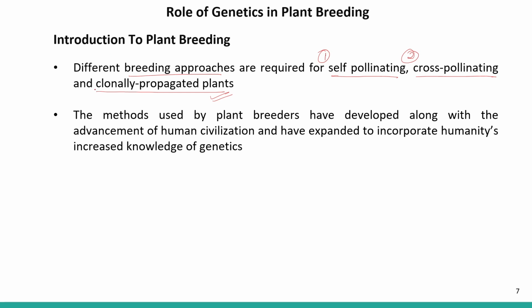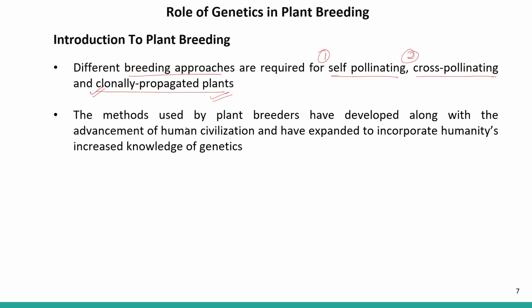And clonally propagated plants are totally tissue-culture based, right? So here we are adapting different approaches for the breeding technique, and according to our requirement, we choose our plant breeding approach, right?